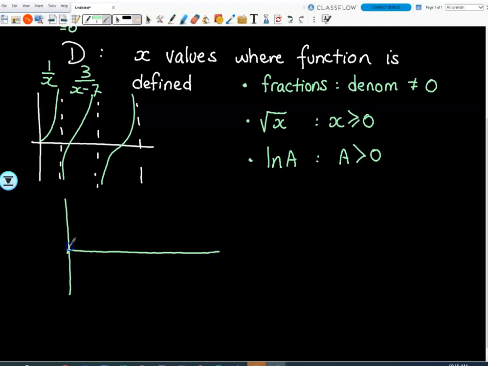Our typical sine goes between 1 and -1. So if you try inverse sine of anything between 1 and -1, you're good to go. But if you try inverse sine of 2 or 1.1, you will get an error, not possible, because the function doesn't exist there.